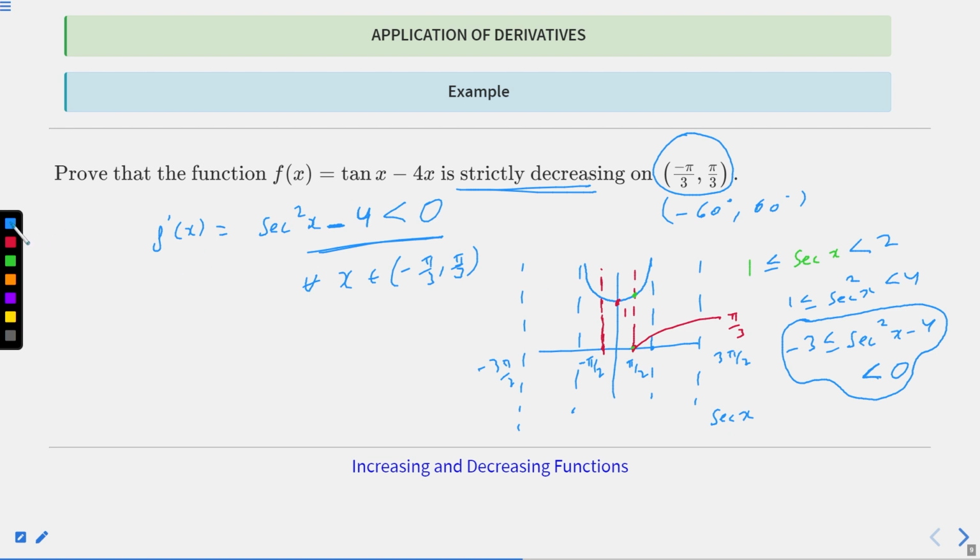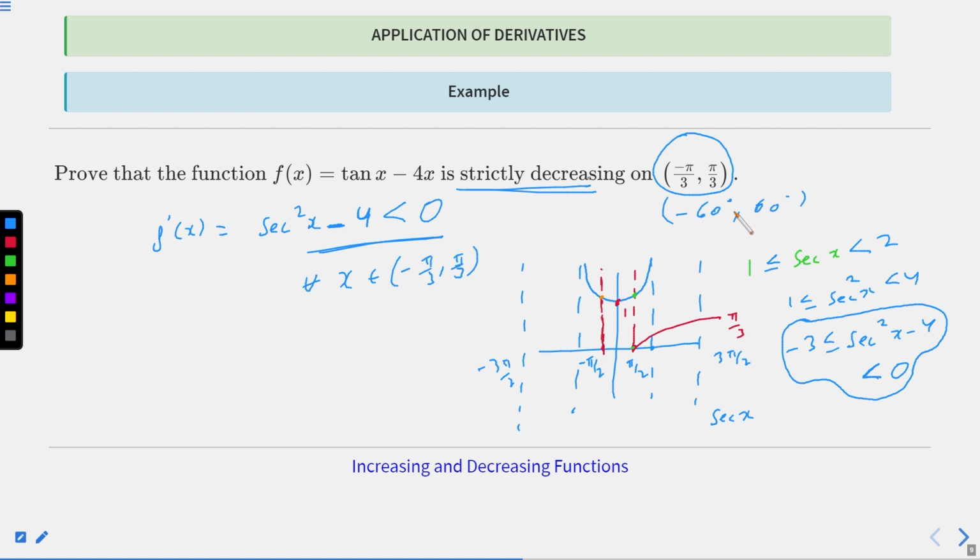If you also want to see that sec x will be strictly less than 2 and strictly greater than minus 2, at minus pi by 3 you are also getting the same sec x value, as sec x is an even function.